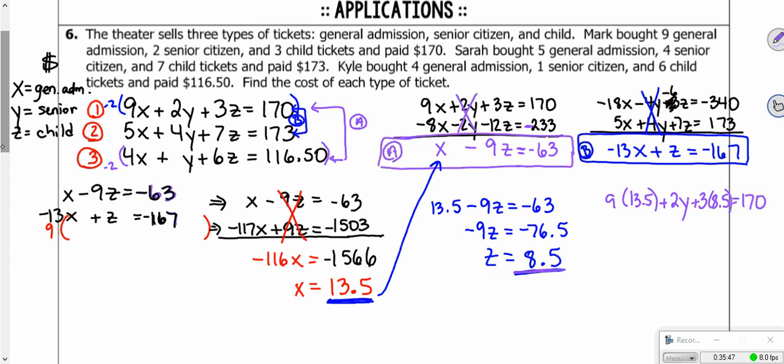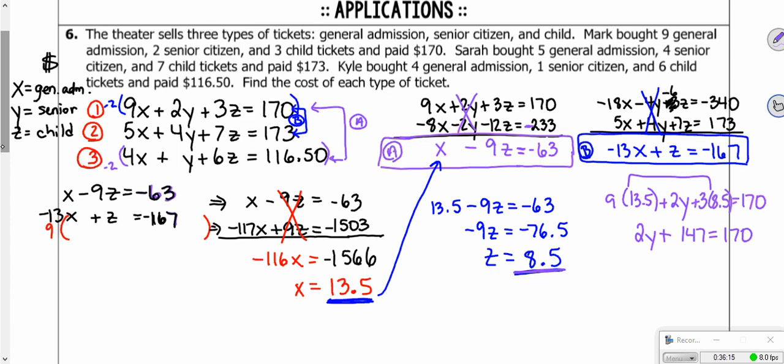So I'm going to combine these: 9 times 13.5 added to 3 times 8.5, and you get 147. That equals 170.